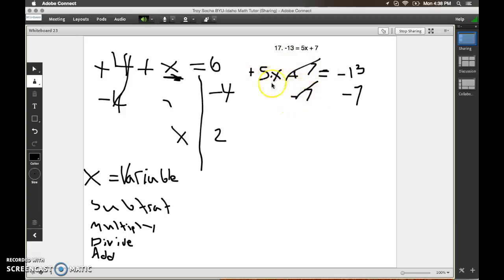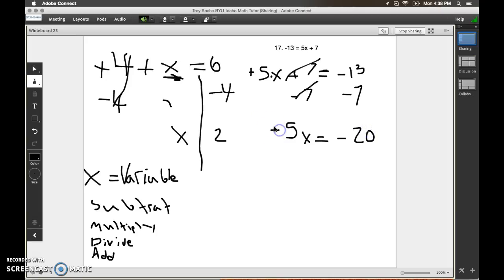Subtracting and adding will affect the side, but they'll only cancel out with the number that they match. Multiplication and division do something different, and we'll explain that when we talk about simplification. So there's this video, which is on basic algebra, and then there's a video for simplification. Now those cancel out, and we're left with 5x equals negative 20.